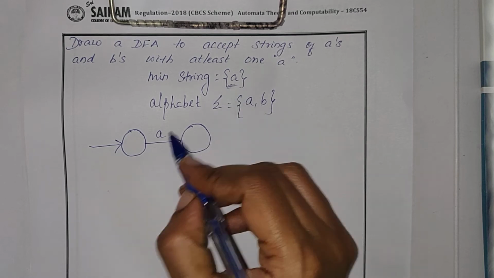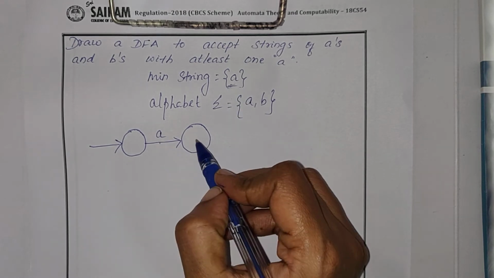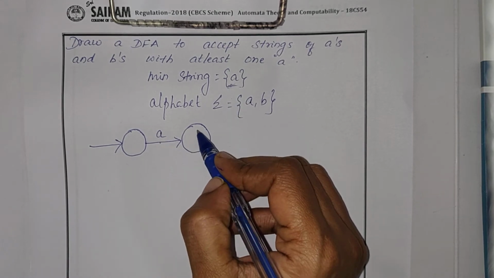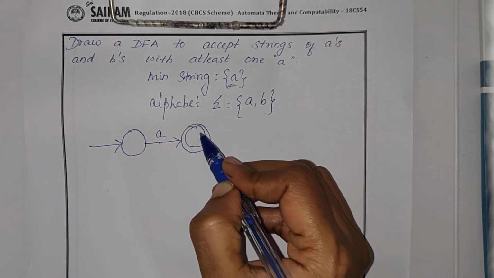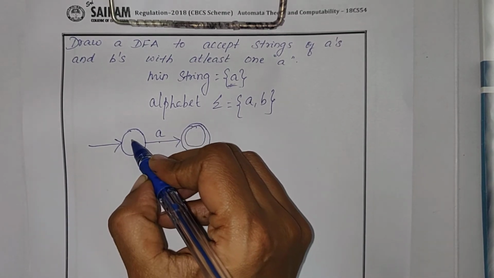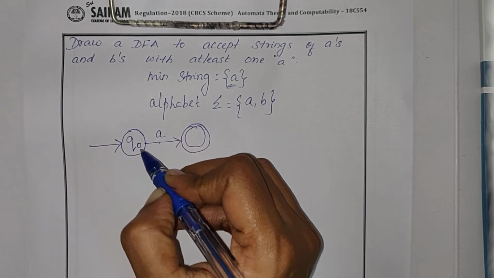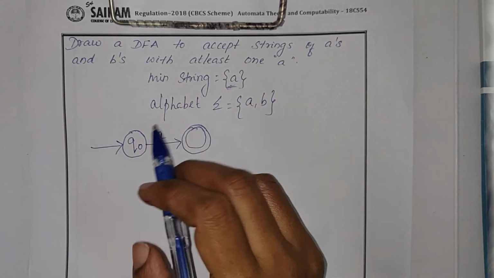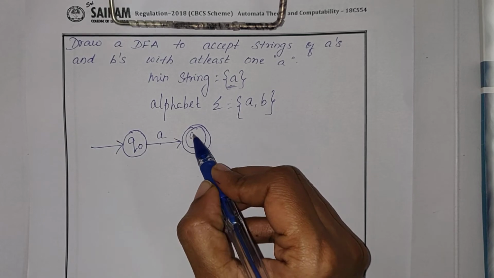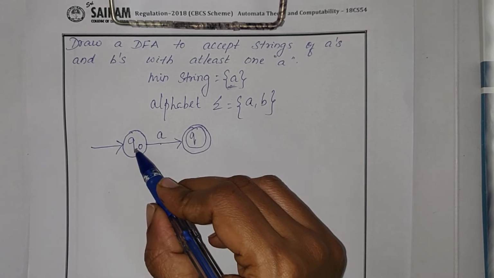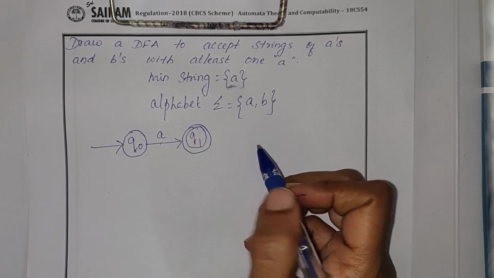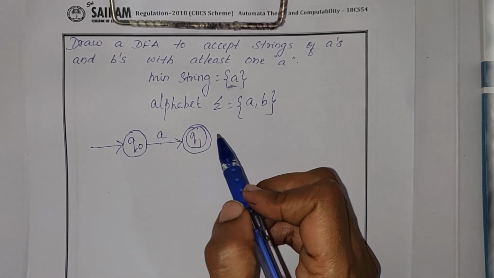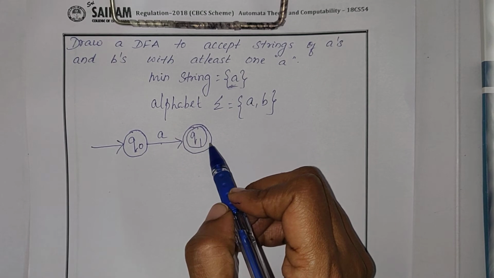Since I have only one character, I can make this state my final state. The final state notation is a double circle. Now I have to name the states, starting from Q0. So it can be Q0, Q1. Here I have only two states.